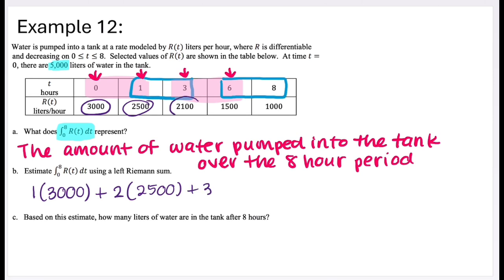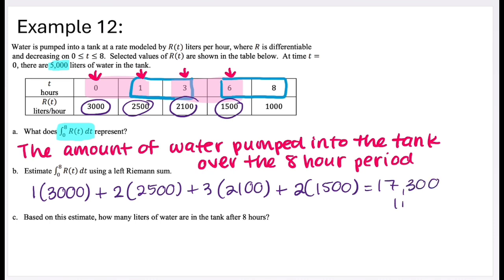And I'm going to be using the left endpoint there, so that'd be 2,100. And then the final interval from 6 to 8 has a width of 2, and I'm going to be using the left one there, which is 1,500. So those are all of my amounts there. And if you multiply and add all of those up together, we get a total of 17,300 liters. Okay, so that is the amount of water pumped into that tank over that 8-hour period.